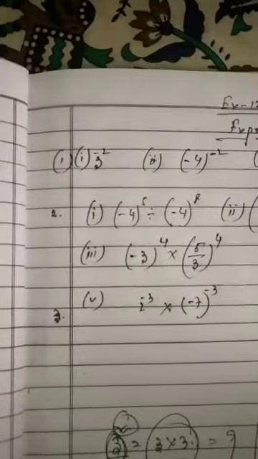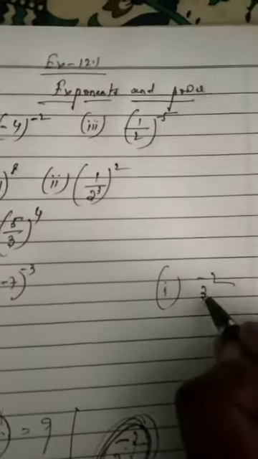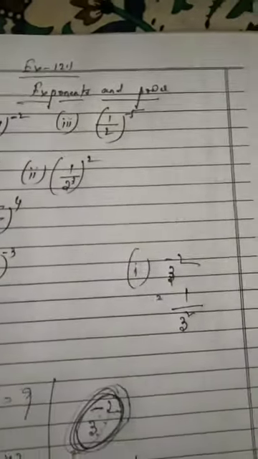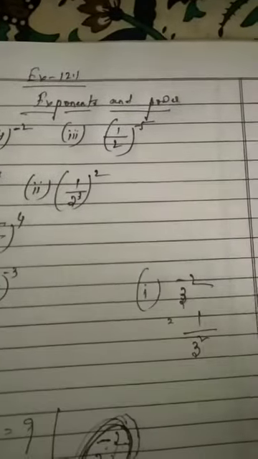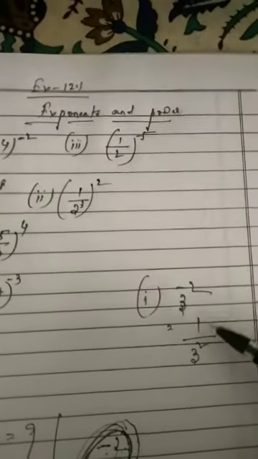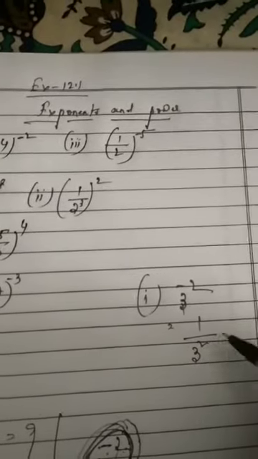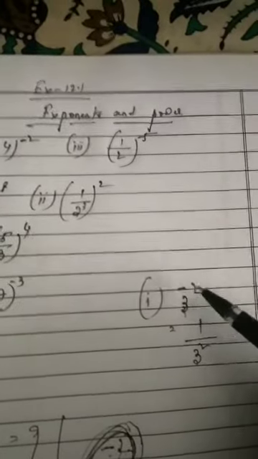Now, the first question was 3 to the power minus 2. So it will be 1 by 3 to the power 2. And remember, one thing should be kept in mind. Whenever we are bringing down the value to the place of denominator, the negative sign will turn into positive.